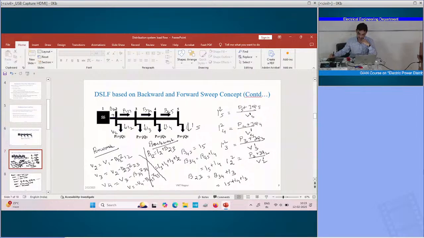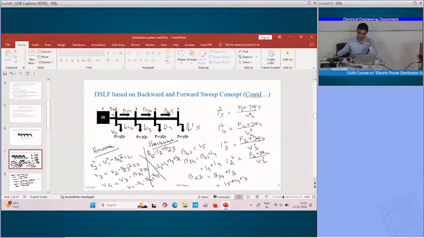And after calculating the value for iteration number 2, we will go for the calculation of node voltage at iteration number 2. Now here, in iteration number 2, the node voltage will be V2, based on whatever V1 voltage we obtained earlier and whatever the branch current and impedance is over there.